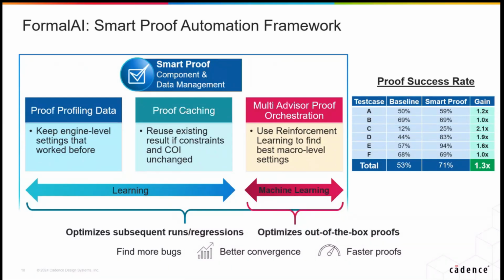Now, we're also applying this to formal. For instance, our formal AI solution takes our formal tools and builds a model, watching and learning from how we actually orchestrated the process of solving those proofs. You know, what engines worked best and got us there, so we can infer that information.